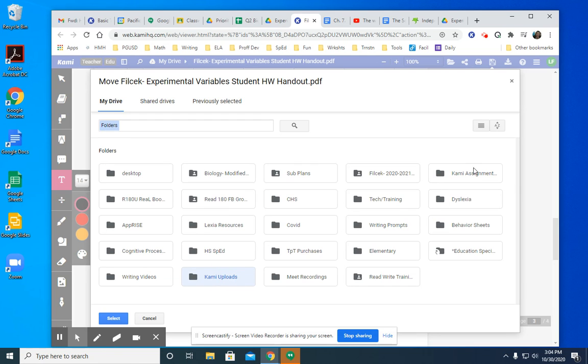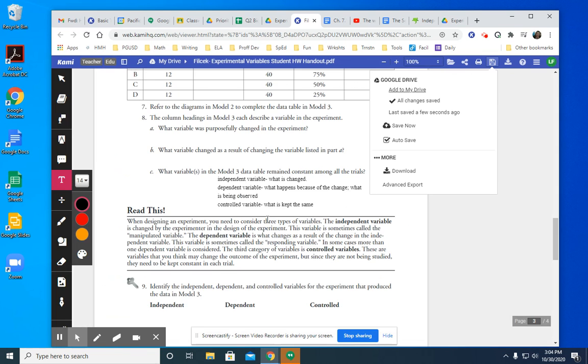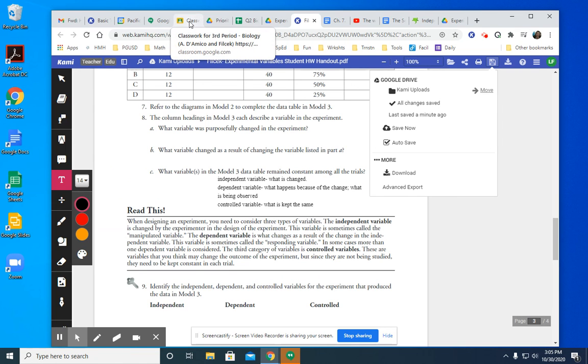You have one called Kami Uploads. Or put it wherever you want, somewhere you will know. Okay, I like the Kami Uploads because I remember it's got all my PDFs in it. Then I hit select, it goes there. Then when I go to Google Classroom to share it, I have to find it in my drive. But it should be pretty easy to find if you use recents, because it will be the most recent item in your Google Drive. I hope that made sense.